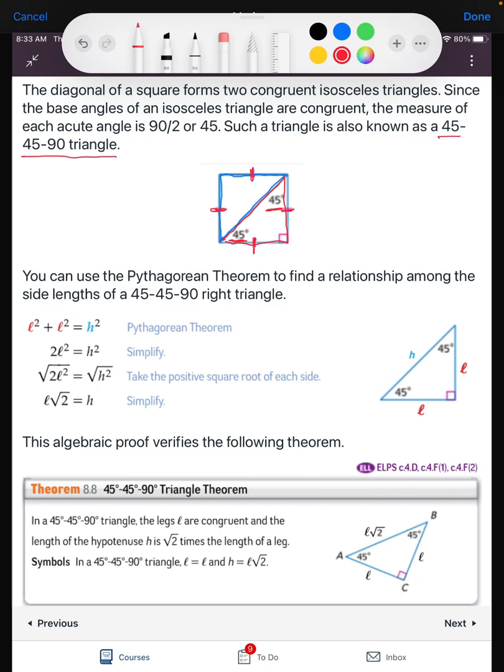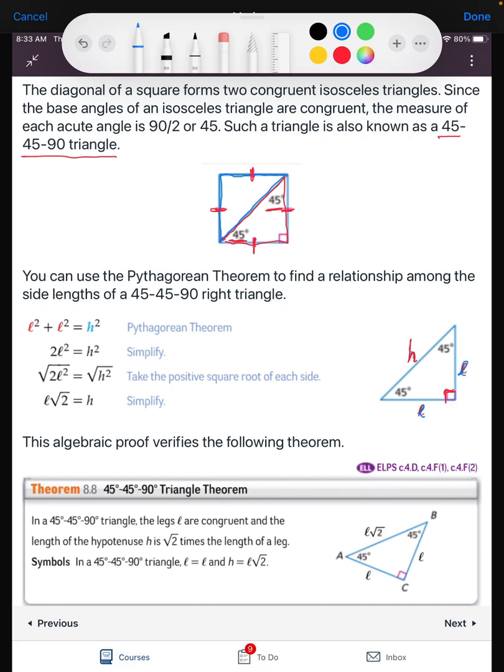You can use the Pythagorean theorem to find a relationship among the side lengths of a 45, 45, 90 right triangle. If we call our big side the hypotenuse, because that's the one across from our 90 degree angle, and then we'll call the two bases L for legs.